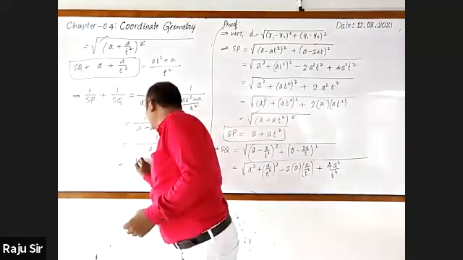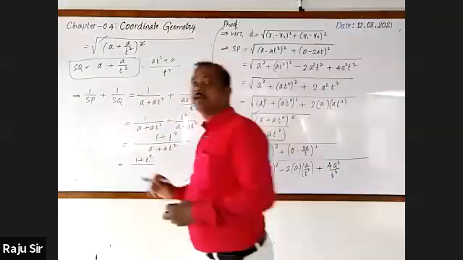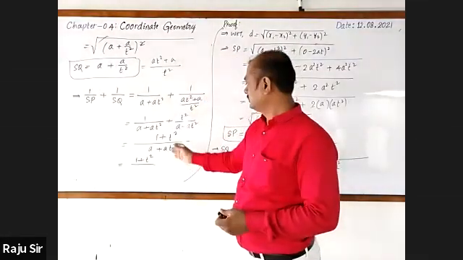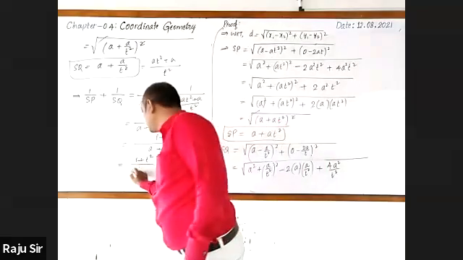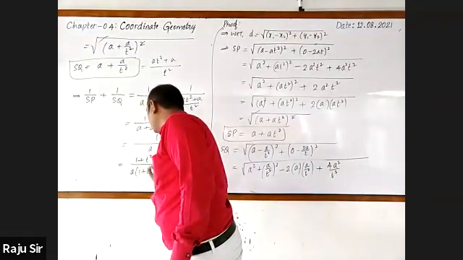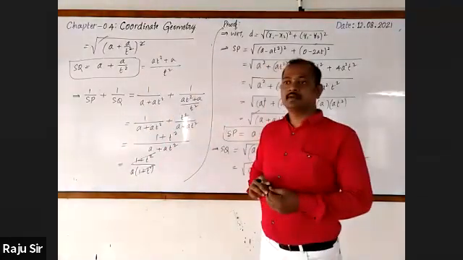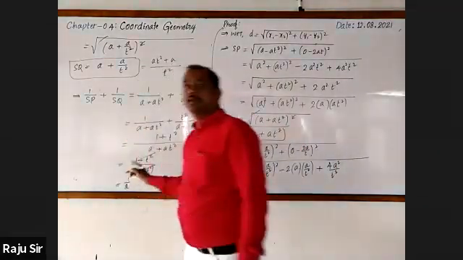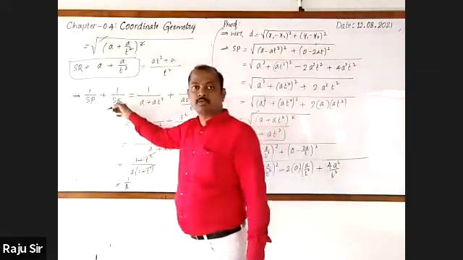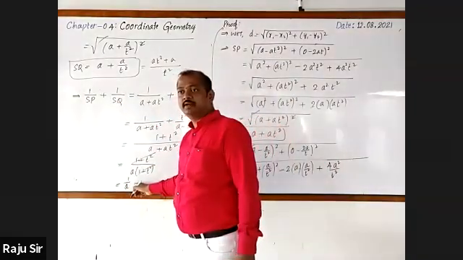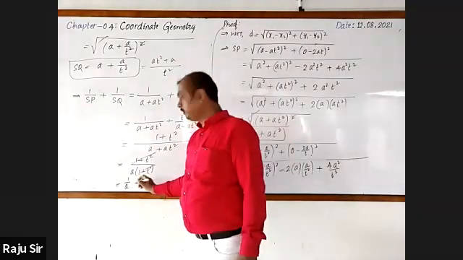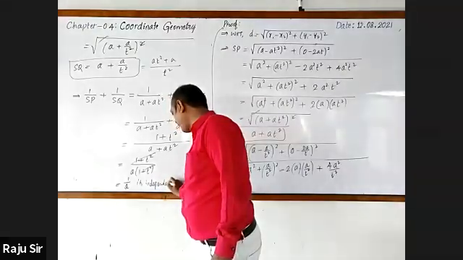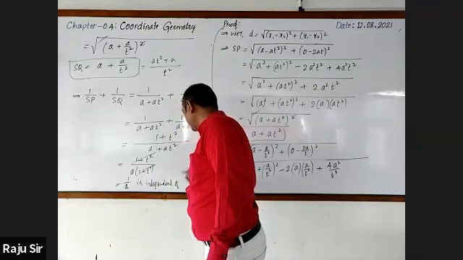Now numerator 1 plus t², denominator: a is common, sir. a is common, 1 plus t². 1 plus t², 1 plus t² cancels. It is equal to 1 by a. The value of 1 by SP plus 1 by SQ is 1 by a. We can write it is independent of t.